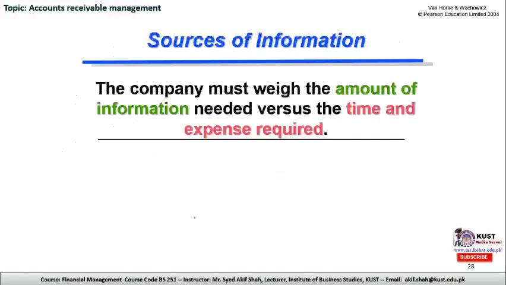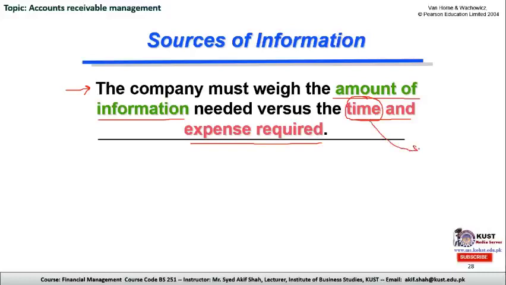So let's discuss one by one how to obtain the information, how to analyze, and how to make a credit decision. So what are the sources of information about the credit applicants? The company must weigh the amount of information needed, like what type of information is required, versus the time and expense required. So definitely this information is not free of cost. We have already studied in the time value of money chapter that time is our money as well.